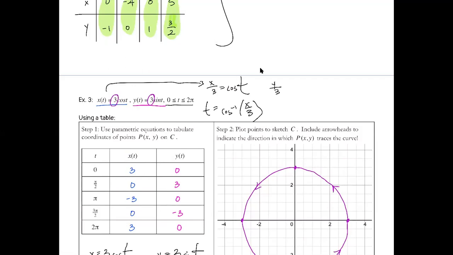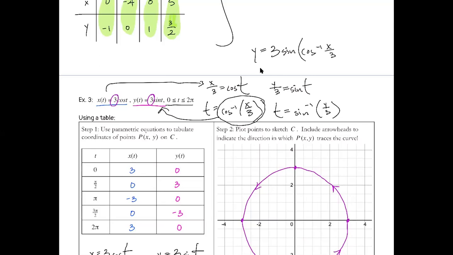They get y over 3 equals sine t, and that t equals arc sine of y over 3. Okay? And so what people do is take one of the t's, maybe this one, and plug it into the other equation. And you end up with something like y equals 3 sine of arc cosine of x over 3.